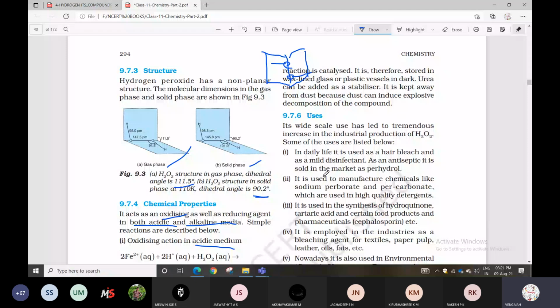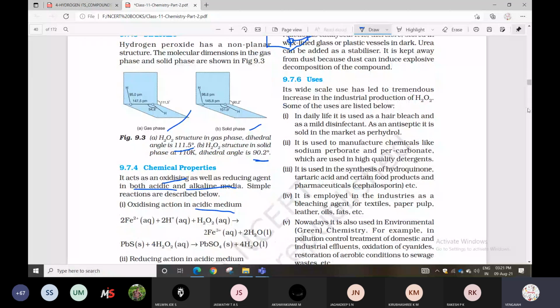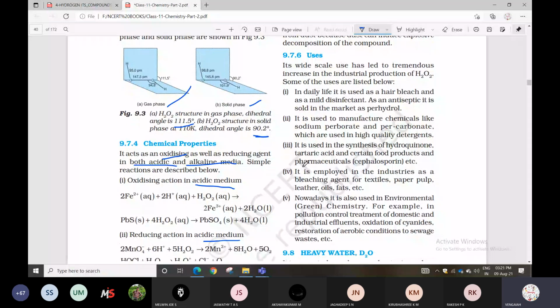It is also used in the manufacturing of chemicals like sodium perborate and percarbonate, which are also used in high quality detergents. It is used in the synthesis of hydroquinone, tartaric acid, certain food chemicals, and pharmaceuticals, and as a bleaching agent in textile industry, paper industry, leather industry, oils and fats, etc.